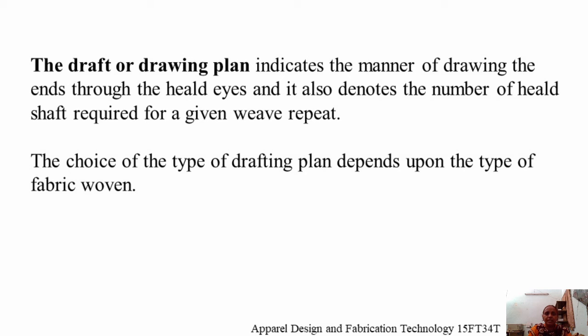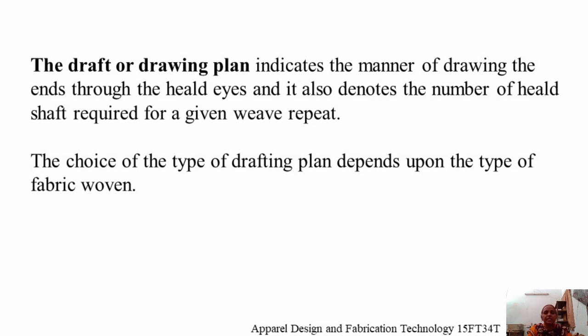So the draft plan indicates the drawing of the ends through the heddle eyes, that is a part of the loom, the harness. It has eyes through which you are drawing the ends, that is the warp yarns. It also denotes the number of heddle shafts required for the given weave repeat.